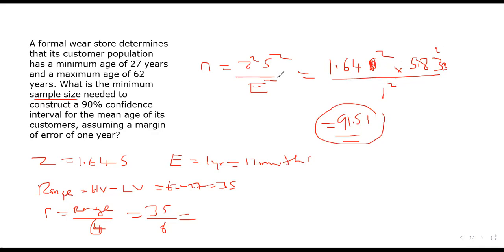Collins, I'm a little behind. How have we found the 5.83? When you divide the range by 6, that gives your standard deviation.